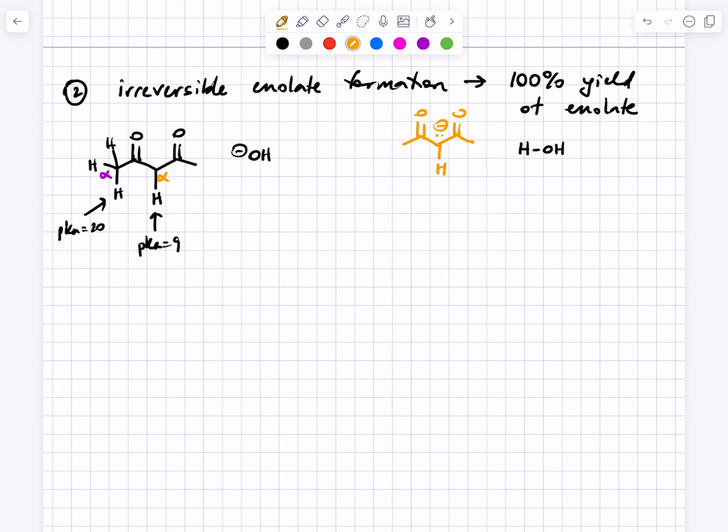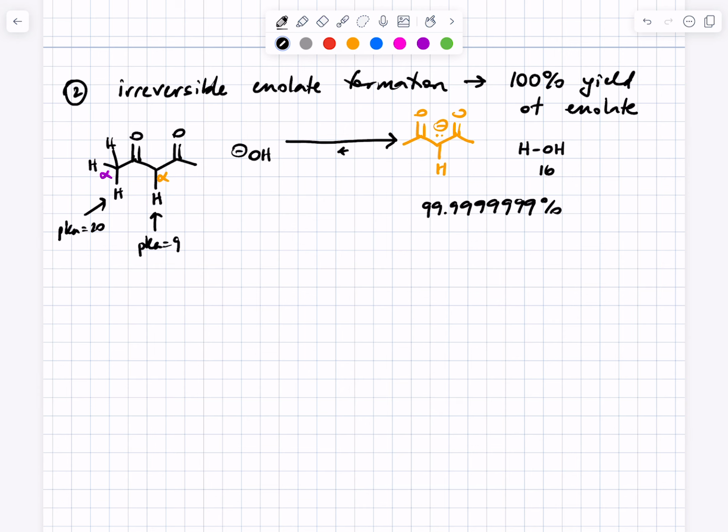Let's look at the pKa of the conjugate acid, which is 16. Which side dominates at equilibrium? The right? The strongest acid loses its proton. This is a factor of 10 to the 7. So that's 99.999999, maybe 7 nines, something like that.